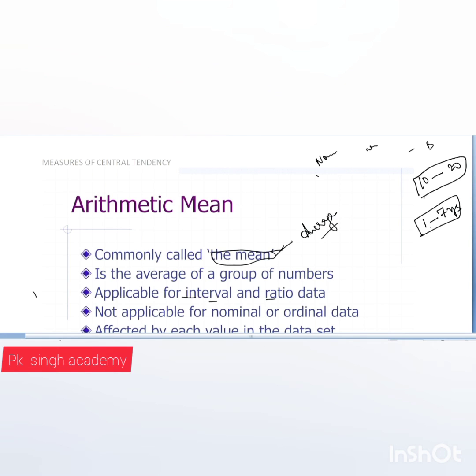This is an interval scale. Ratio scale, for example: how many hamburgers can you eat in a day? More than 2, more than 3, or more than 5. These are ratio. I hope all the 4 scales are clear to you. Now let's move ahead.